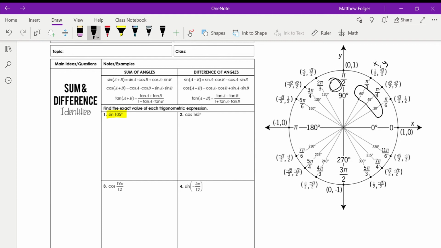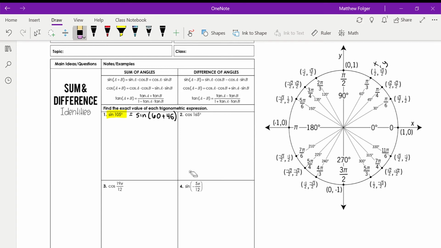So the first thing we can do is think about what two values I know that I can add to get 105. Sine of 105 is the same as sine of what plus what? Well, it's the same as sine of 60 plus 45.